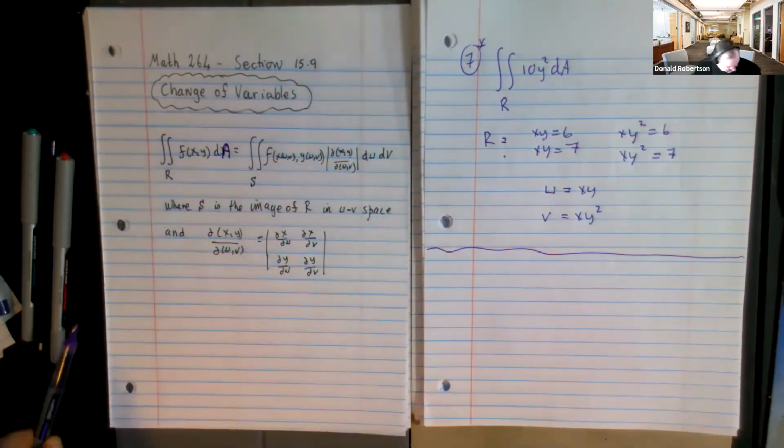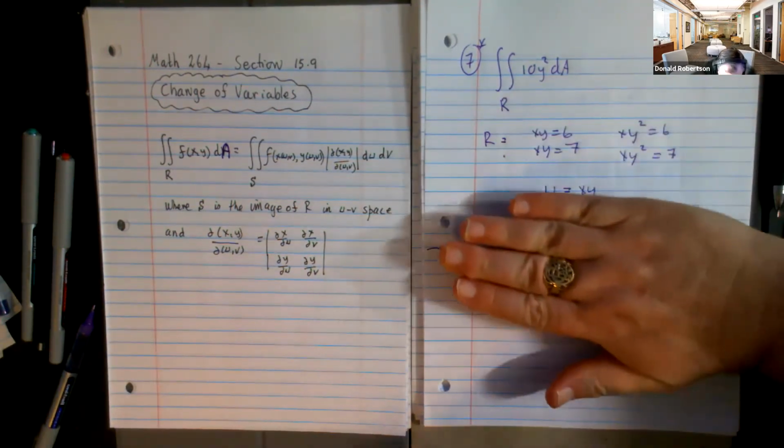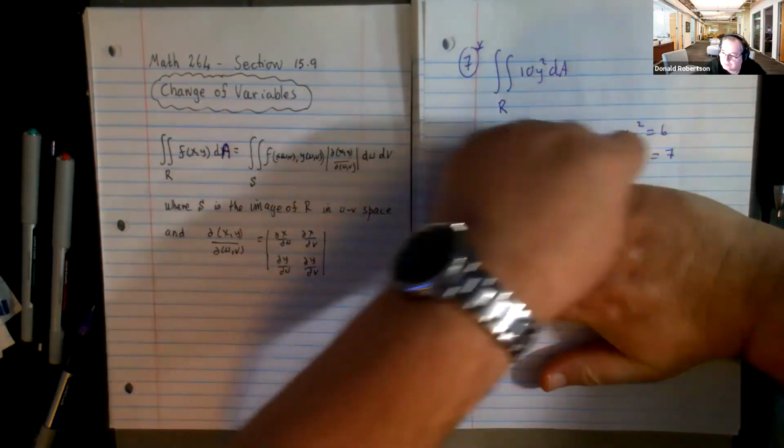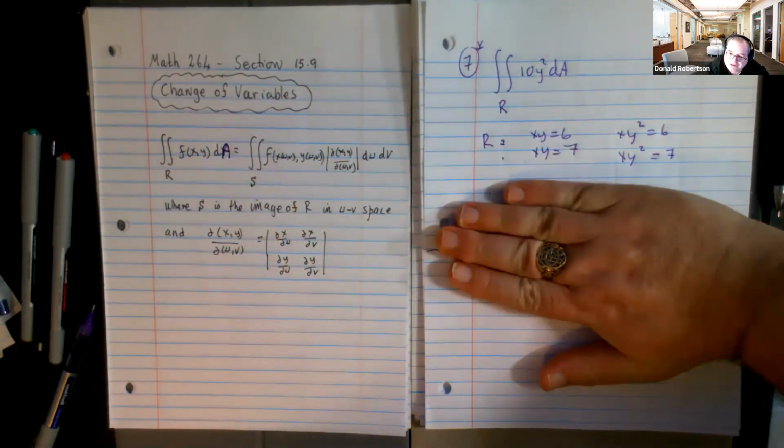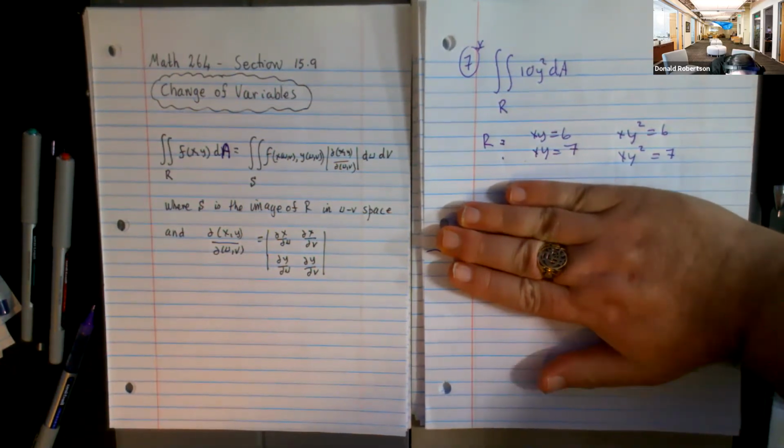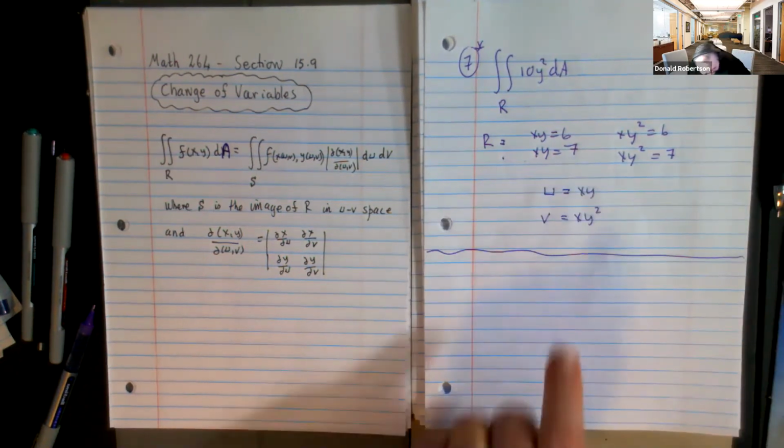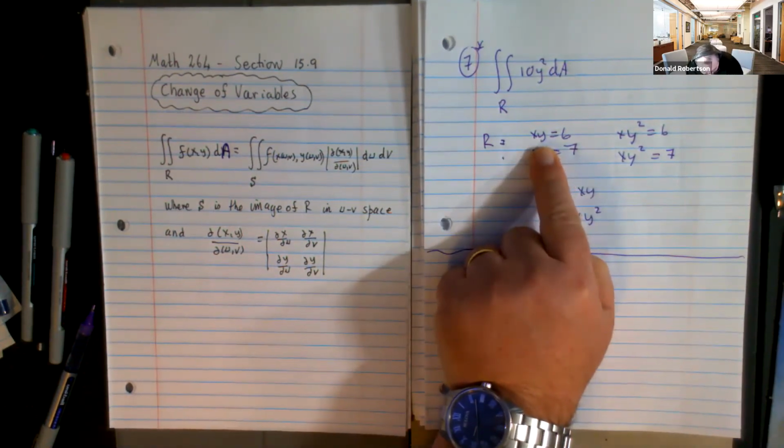Can we pretend for a minute that they only told you the region R was bounded by all these curves? You would have to create your own change of variable, right? Your own u's and v's. And you might think, how will I do that? Well, xy is 6 and 7.